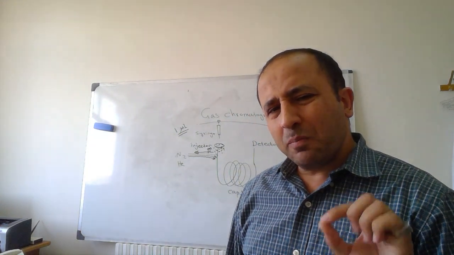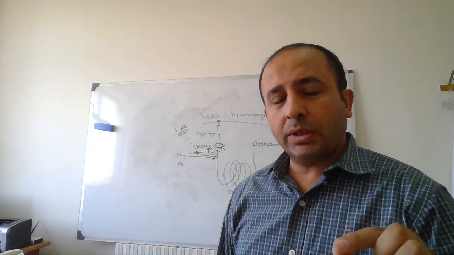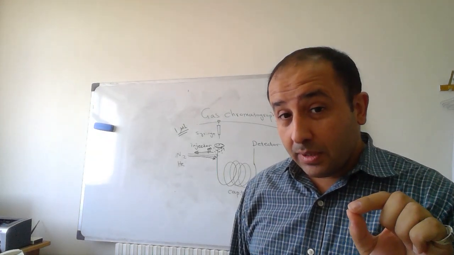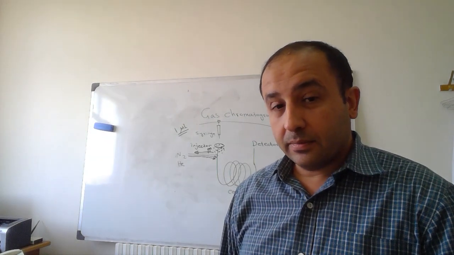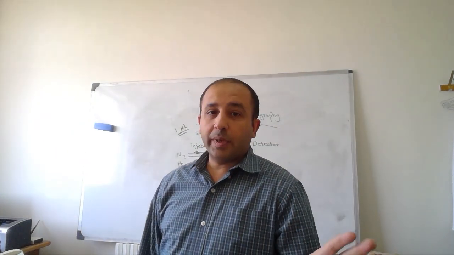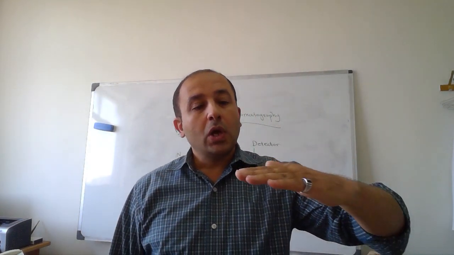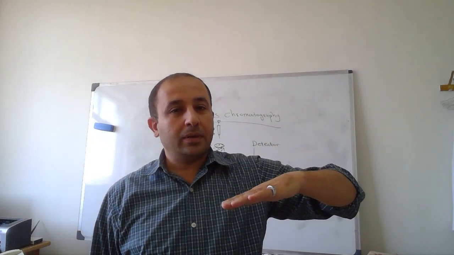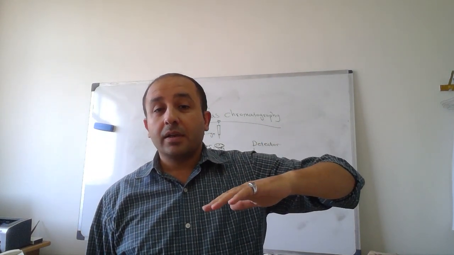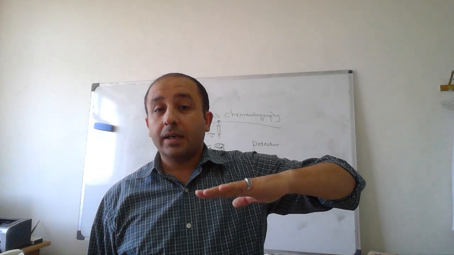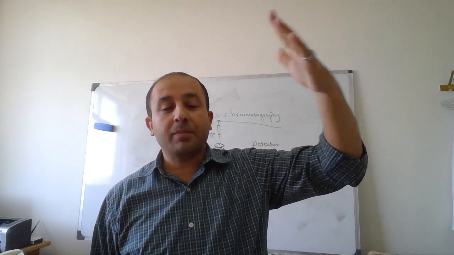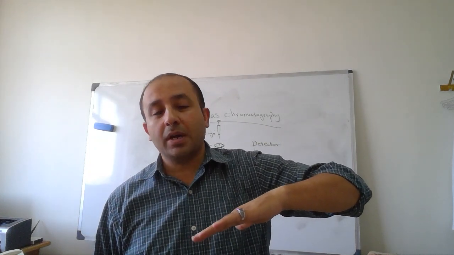Now, 1 microliter is a very minute quantity of material. How can we inject 1 microliter? Practically, we cannot. We might inject 1.1 microliter or 0.9 microliter, or if we are not expert, we might inject 1.5 microliter or something below 0.6 microliter.